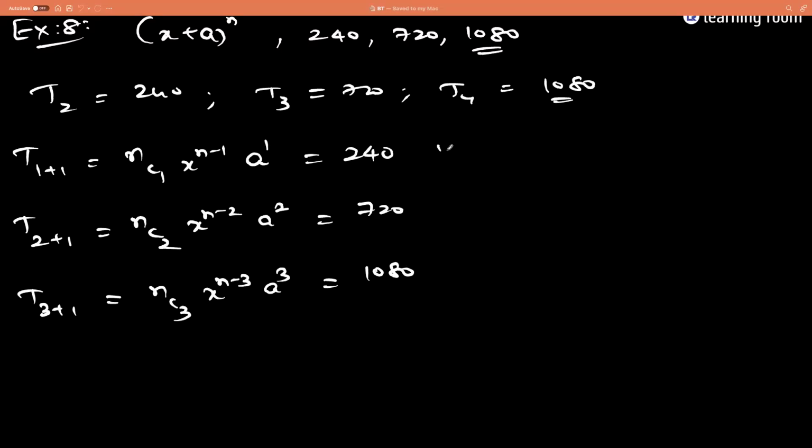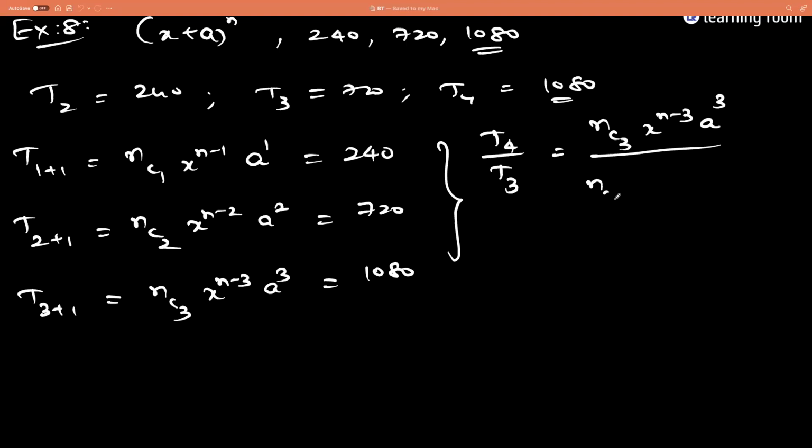Now what you can do is, if you divide T4 by T3, you will get nC3 x power n minus 3 a cube divided by nC2 x power n minus 2 a square, equal to 1080 divided by 720. Cancel these two.